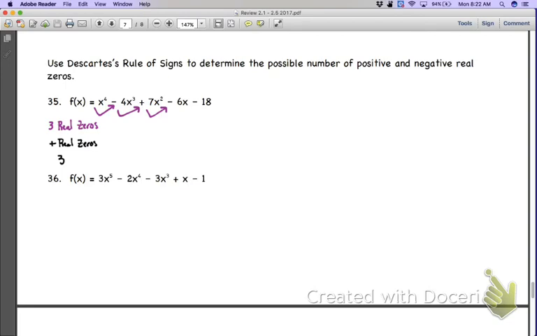Okay, so it's either 3 or it is going to be 3 minus 2, which is 1. So as far as positive real zeros, we either have 3 or we have 1. It's one or the other. There's not 2. So it's either 3 that are positive or 1 that is positive.